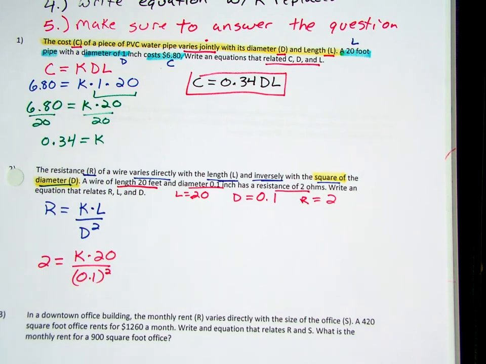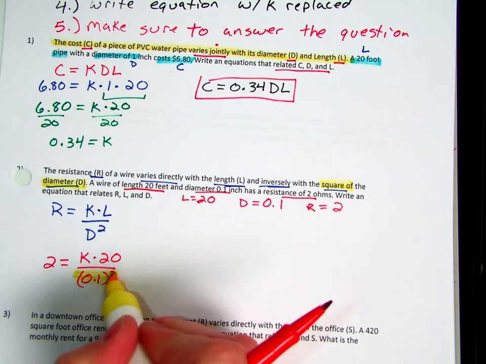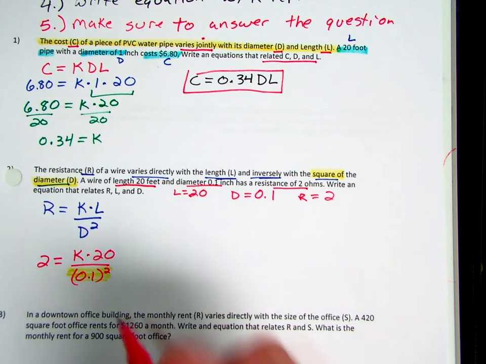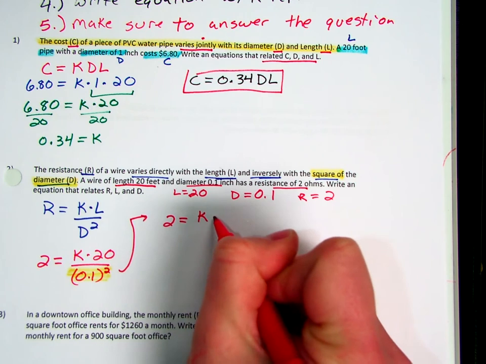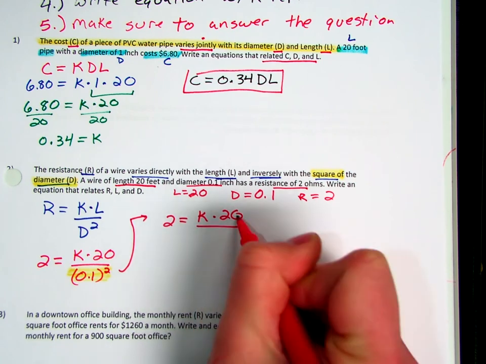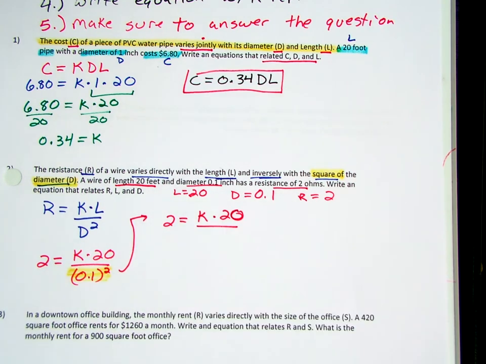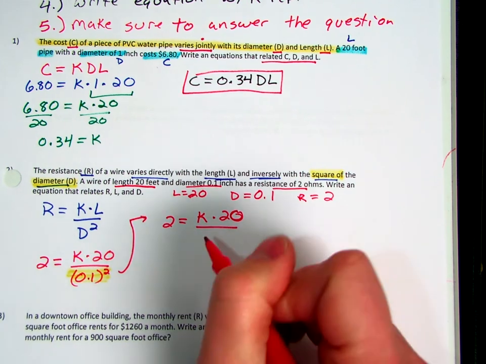And just like with square roots, anytime you can get rid of a square or a square root, you should. So we're going to go ahead and square 0.1. So we'll have 2 equals K times 20, divided by 0.1 squared, which is 0.01.